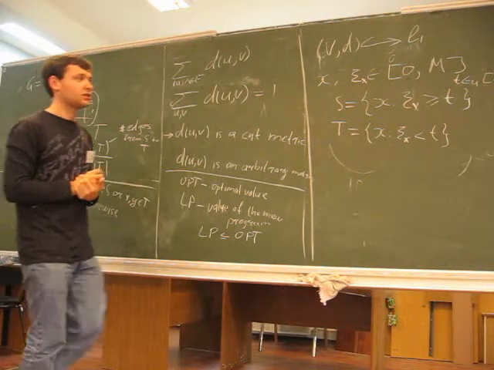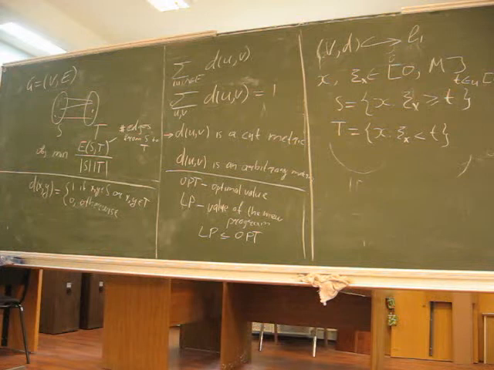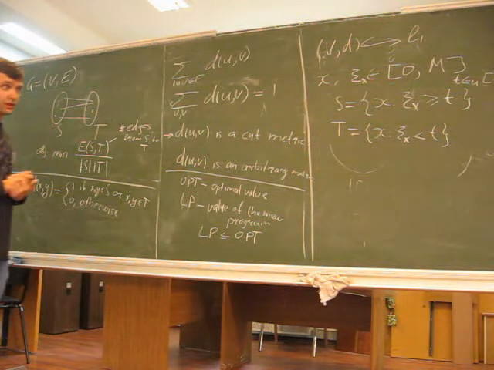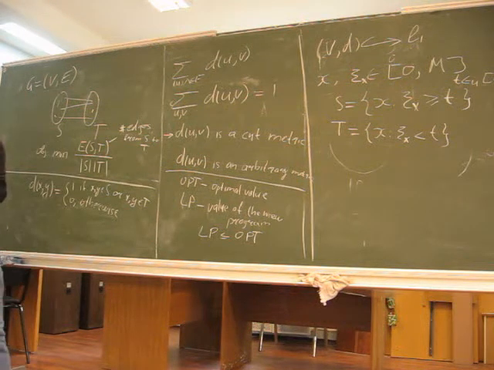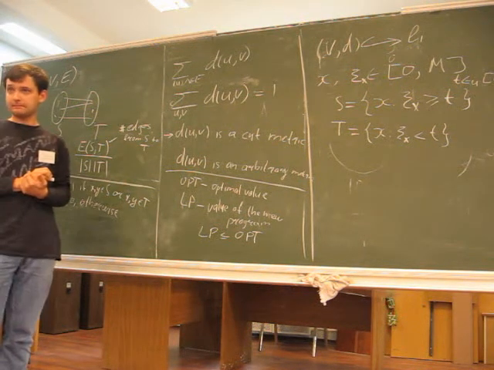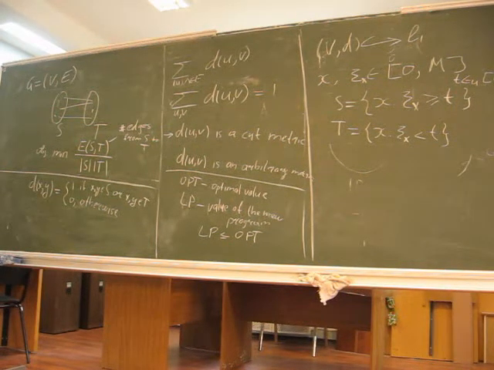And we have here two sources of randomness. C is a random variable. How can you compare it with the real value? Capital S and capital T are random sets.